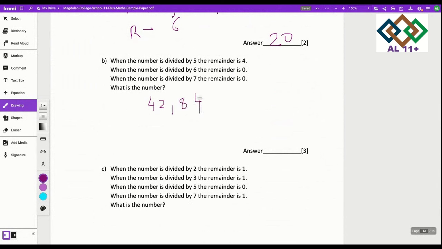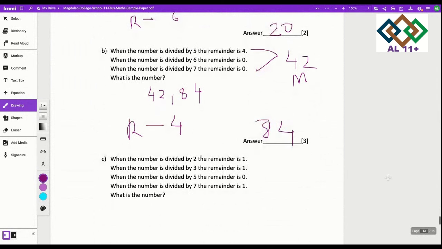So if you look at that, they are 42 multiples. And you will get the remainder 4 because you have to get the remainder 4. So it's 84 is your answer for this one.